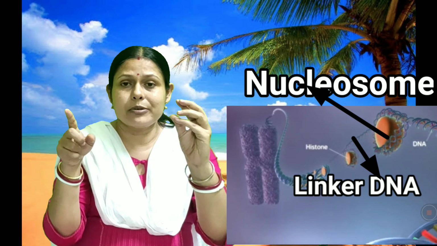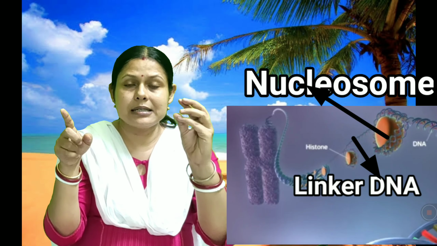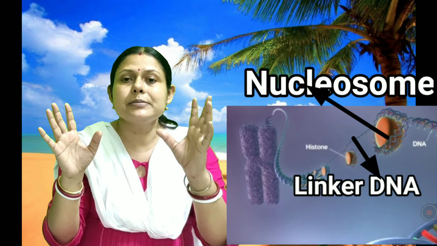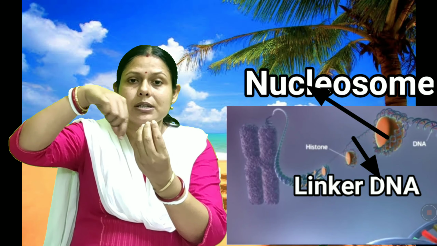If we count the number of base pairs of this linker DNA, it comes to 60 base pairs, and the number of base pairs of DNA around this histone octamer is 146. So a total of about 200 base pairs of DNA is packed between the two nucleosomes, and if we observe it under the electron microscope, it appears as a bead-on-string like structure.